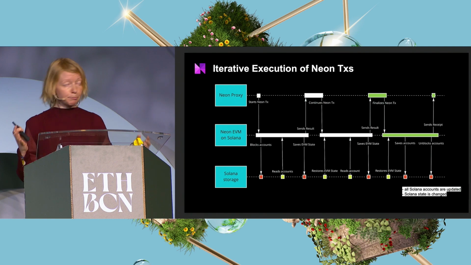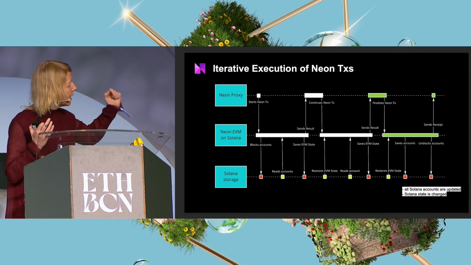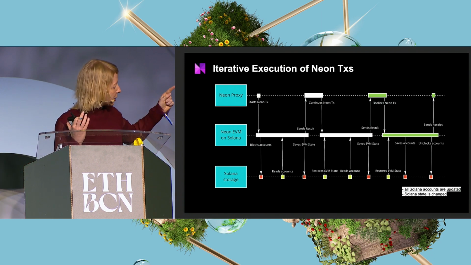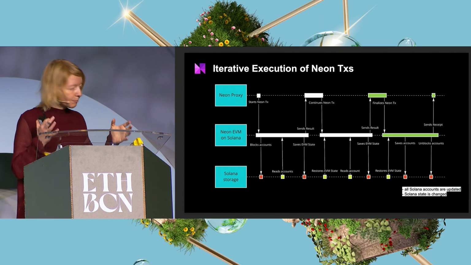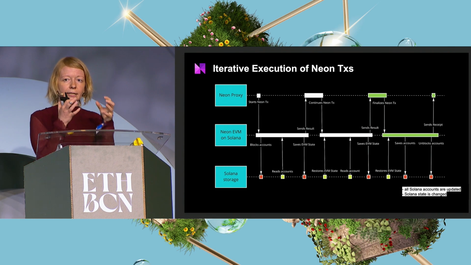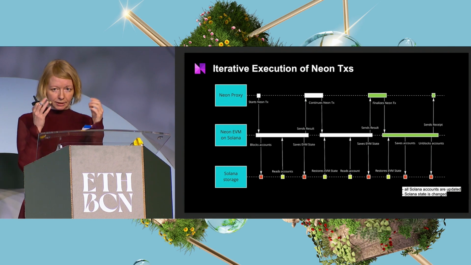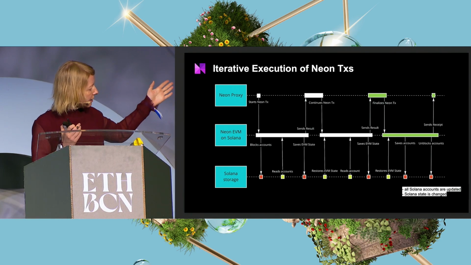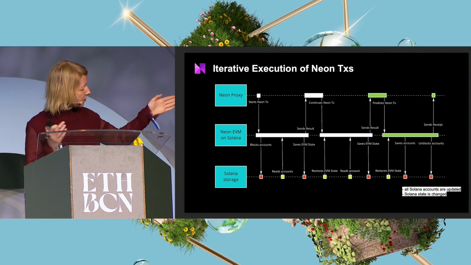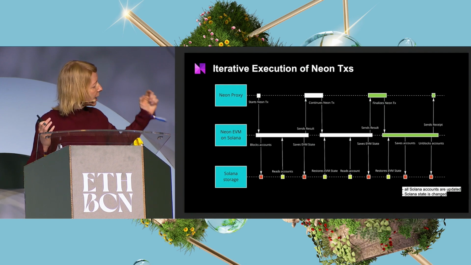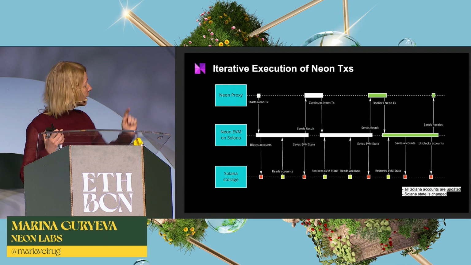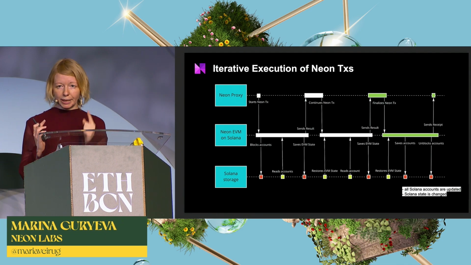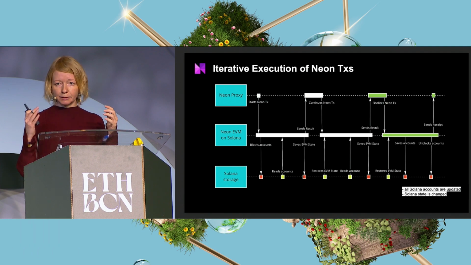The thing repeats, and on the last step it changes, because the information is updated on the Solana state, not within the special Solana storage account. As it is the last step, we update all the accounts on Solana state, we unblock all the accounts, and we send the receipt to the proxy that this particular Neon transaction is completed.